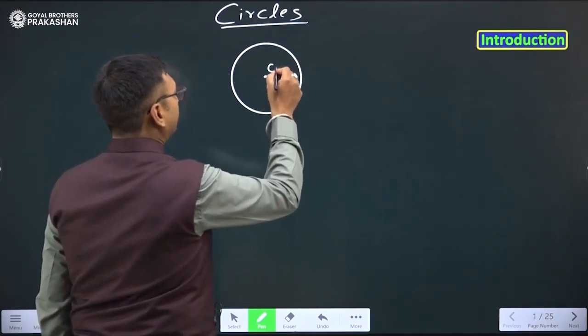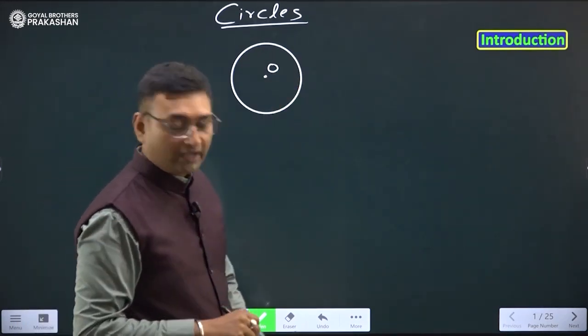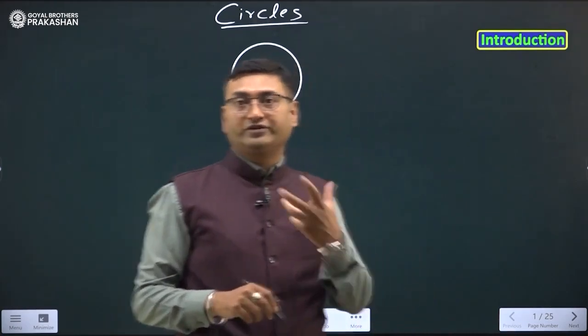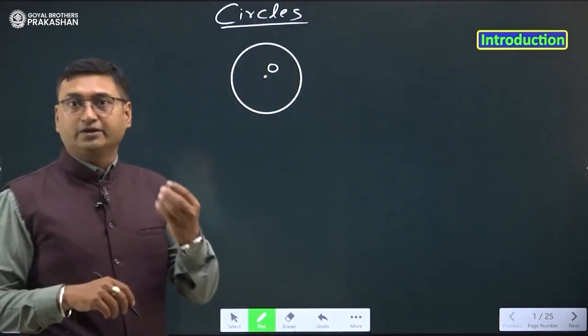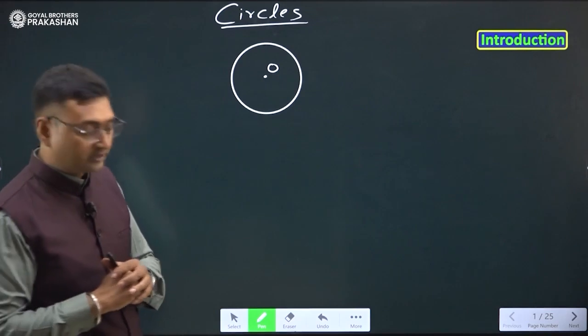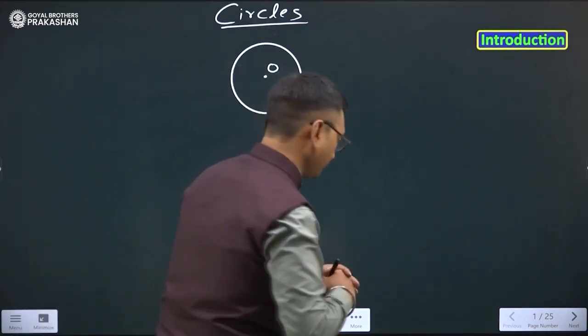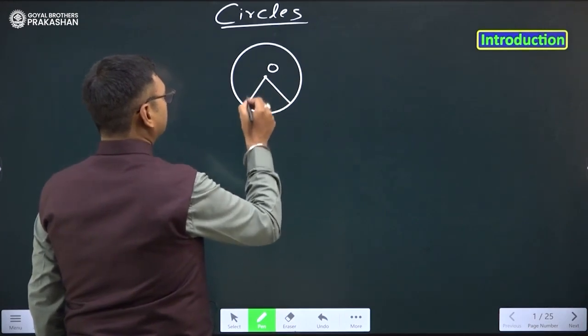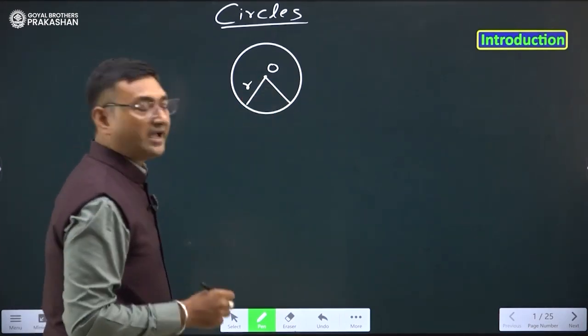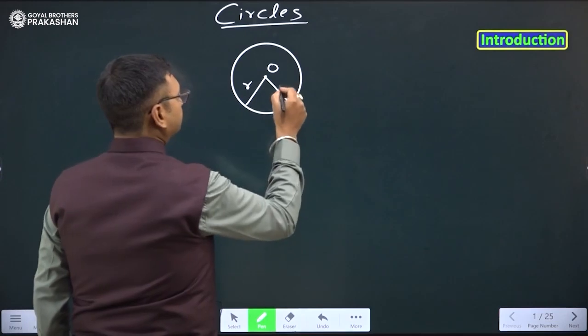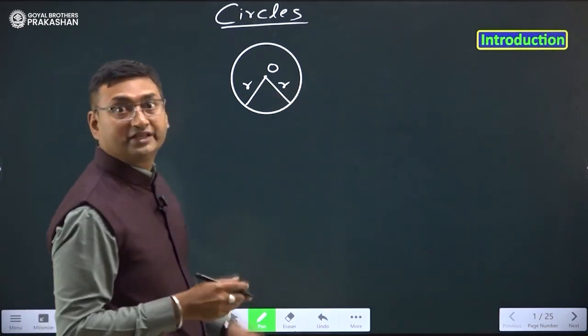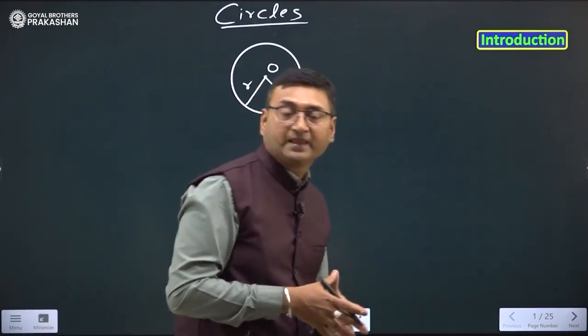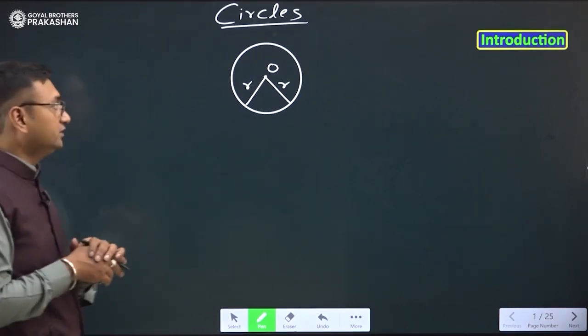Let's say we are denoting center as O. If point O is the center of the circle, it is always at the equal distance from the circumference of the circle. If we take this distance and denote it by R, and this is also R, they are same, isn't it? And this R denotes radius of the circle.